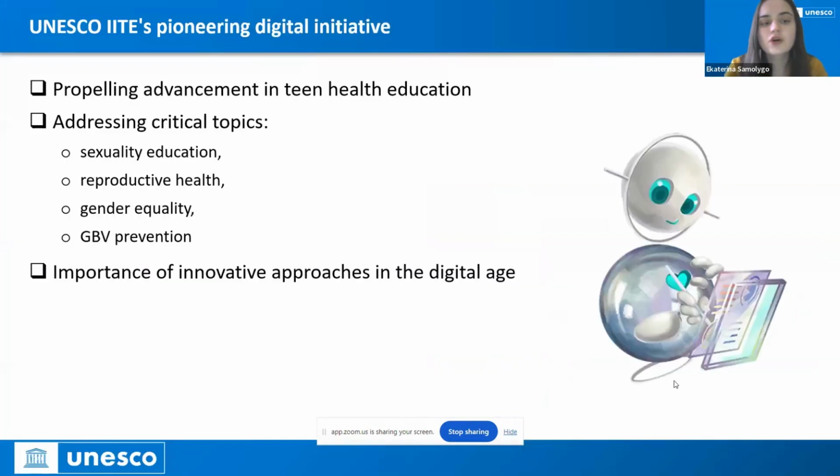With the introduction of SPAN and law chatbots, UNESCO ensures that adolescents can discreetly access critical information, and this empowers them to navigate important topics like sexuality education, reproductive health, and gender equality confidently, regardless of any reservations they might have about discussing these issues openly in a classroom.